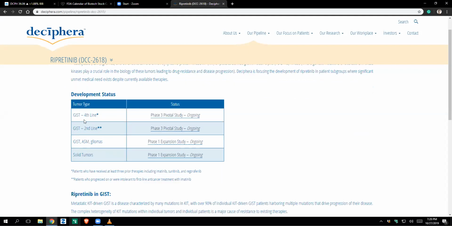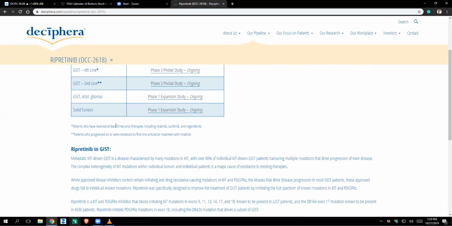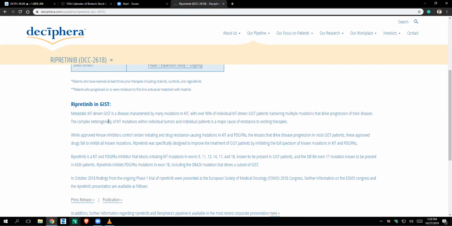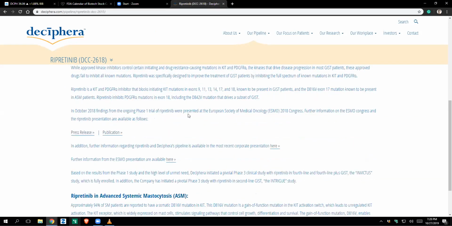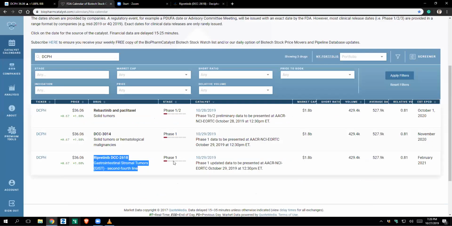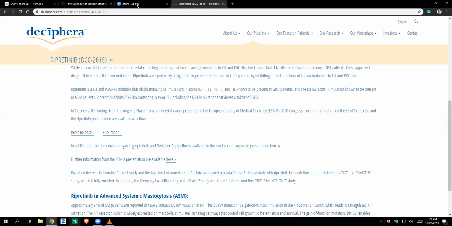So they are doing it in multiple trials. Fourth line, phase 3. Second line, phase 3. Gliomas, phase 1. Solid tumors, phase 1. So this data which is coming up is second, fourth line, phase 1.